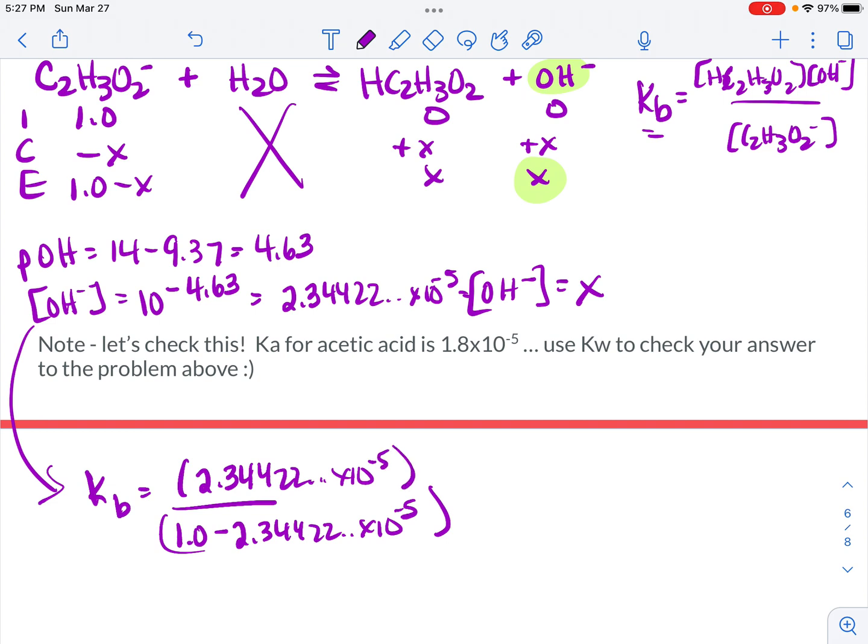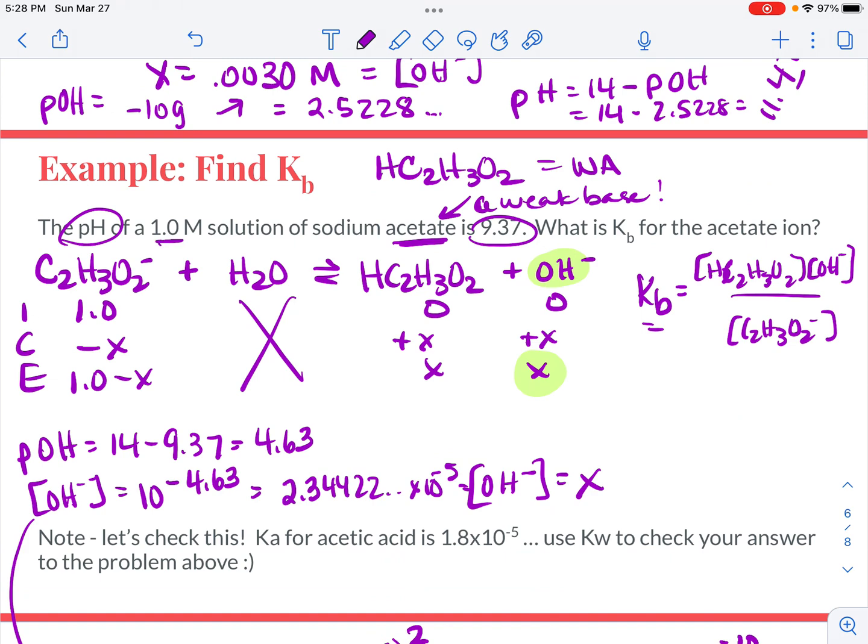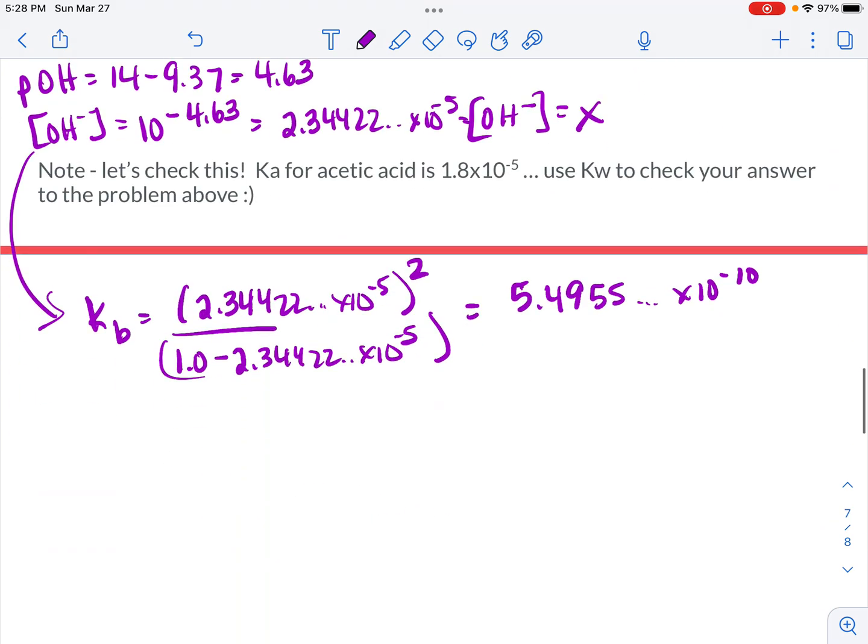I left this in my calculator and just squared the answer to what I had above and then divided that by, in parentheses, 1 minus that answer again. So I got a Kb equal to 5.5455, a bunch of numbers, times 10 to the negative 10th. I have two significant figures from my 1.0 molar and my pH of 9.37. So that means that my Kb is going to be 5.5 times 10 to the negative 10th.